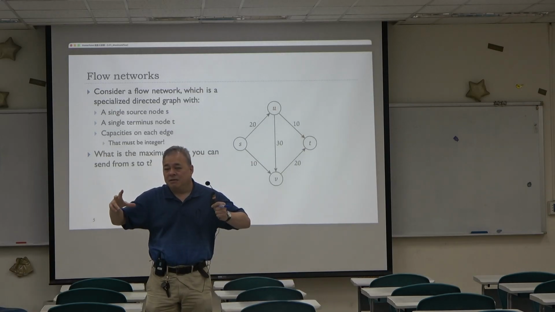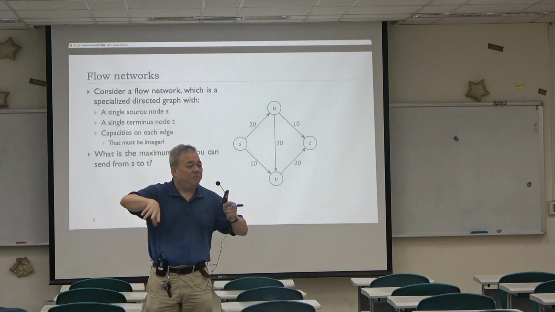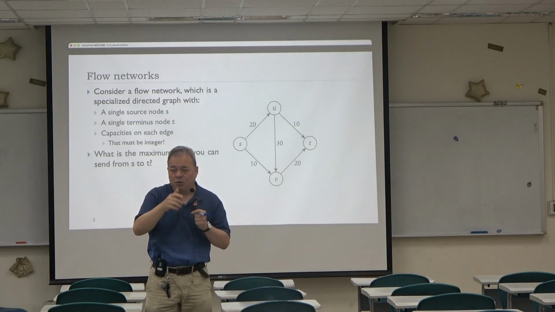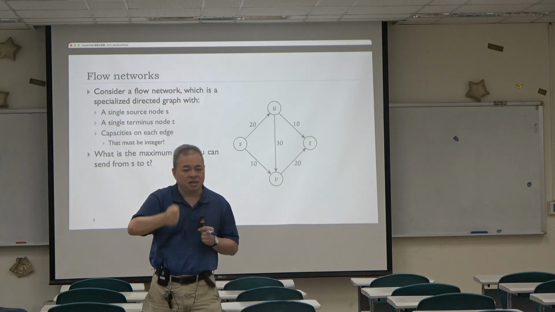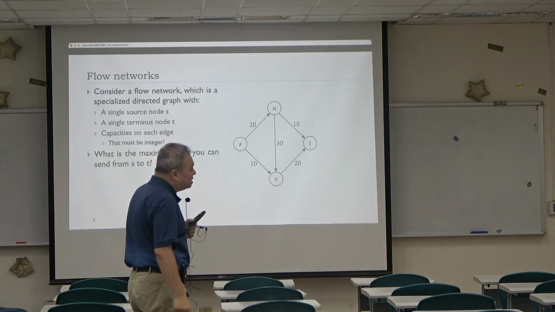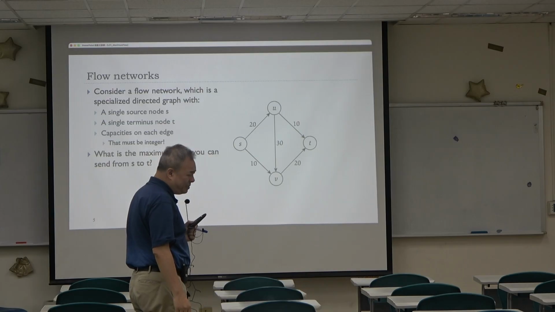A bigger water pipe can accommodate a bigger flow, while a smaller pipe can only let a small amount of water go through. So the integers stand for the capacity of your water pipe.